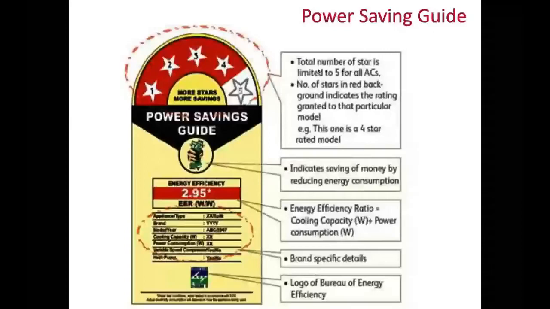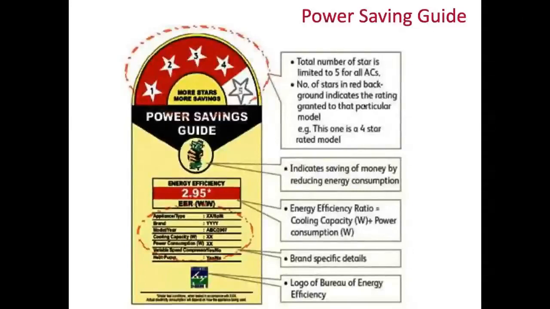Here, the total number of stars is limited to 5 for all air conditioners, and the number of stars in the red block indicates the rating granted to that particular model. For example, this one is a 4-star rated model, so 4 stars are highlighted. This symbol indicates saving of money by reducing energy consumption.